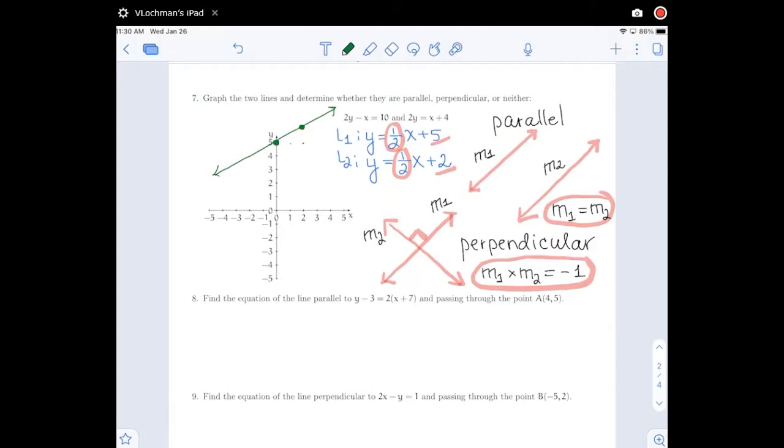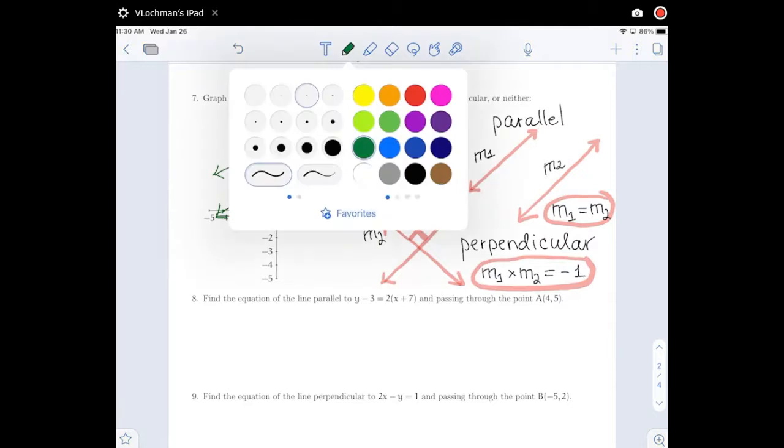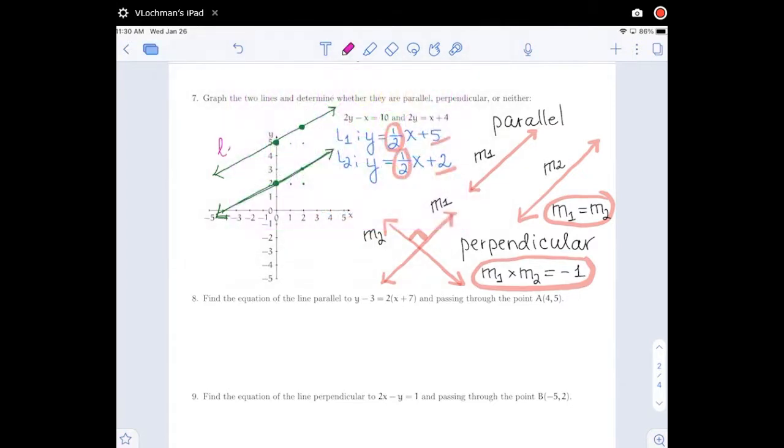Where's my intercept? This one is at 2. Slope says go 2 to the right, 1 up. We only need 2 points to grab these lines. Let me go ahead and label them. Okay, this is L1, this is L2.